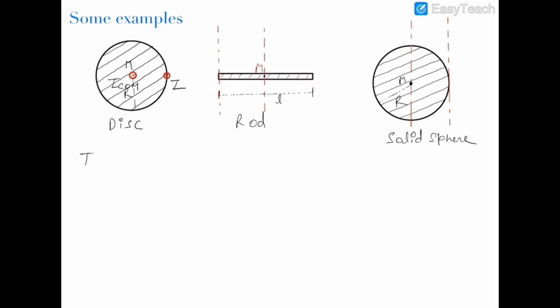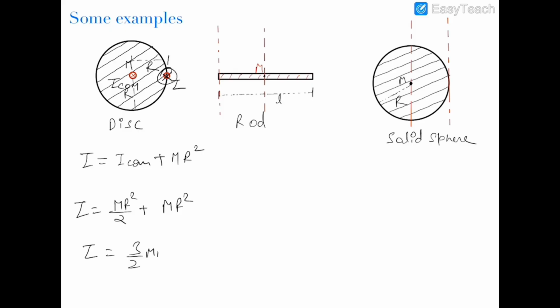So we can write down that I is equal to I_COM plus mr², where r is the distance between these two axes. So I would be equal to I_COM, which is mr²/2, plus mr². So the moment of inertia of this disk about this axis is equal to 3/2 mr².